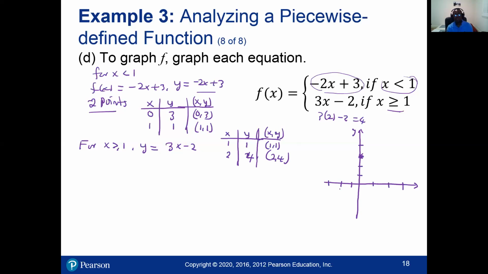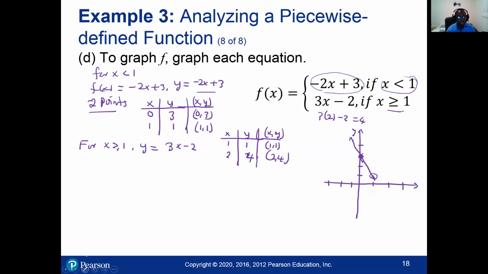And then we have 1, 1. 1, 1 is there, but there is a hole there. So we can draw this graph. This would be a straight line, and then it goes up like that. But there's a hole there.